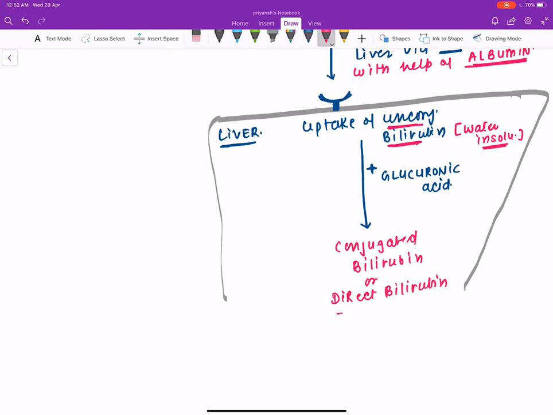Direct bilirubin is water soluble. Now, to conjugate glucuronic acid onto the bilirubin molecule, we require an enzyme. The name of the enzyme required to add glucuronic acid to unconjugated bilirubin is UDP glucuronyl transferase.